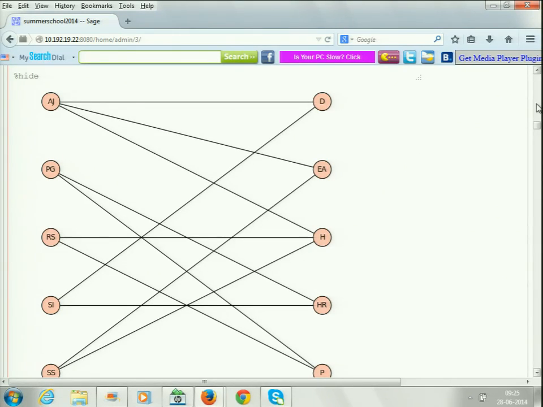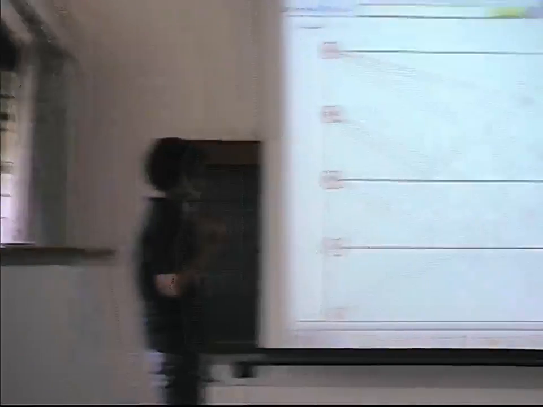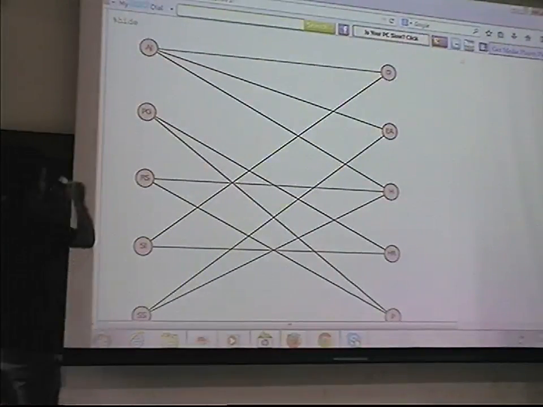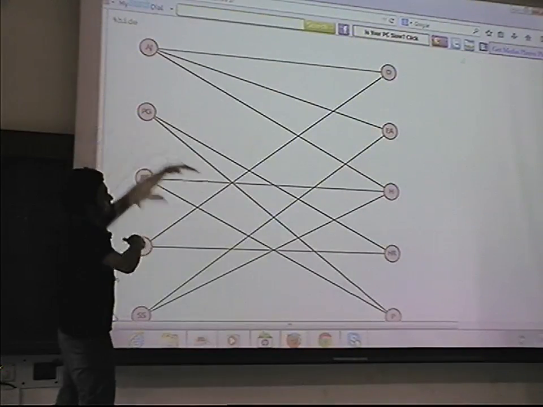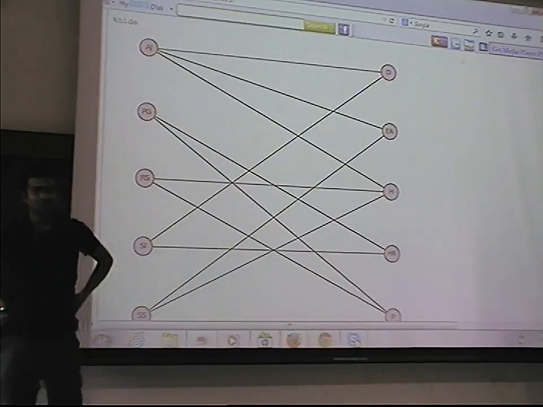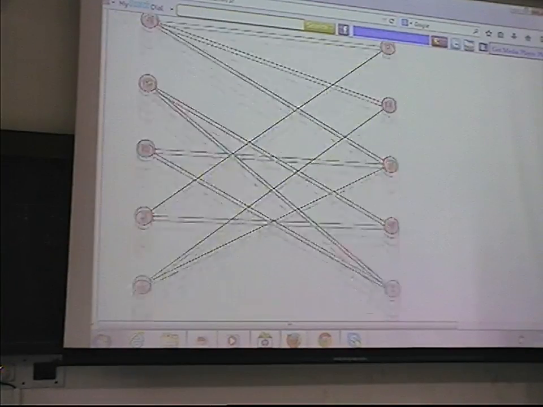If a minister is interested in a ministry, he just draws an edge to that ministry. What has to be done is to assign to every minister a ministry which he or she is interested in. This essentially translates to finding a matching in this graph. You assign one edge, and those edges should not intersect.